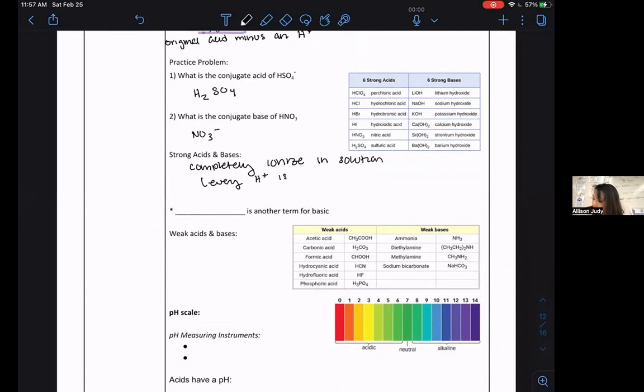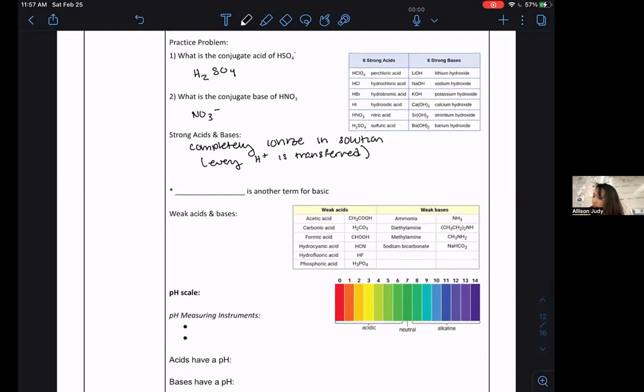Every H plus available is transferred to the respective acid or base. That's a strong acid or base. For a strong acid, every single H-carrying molecule of that acid will release it to a base. For a strong base, every single base molecule will gain an H plus. Complete ionization.